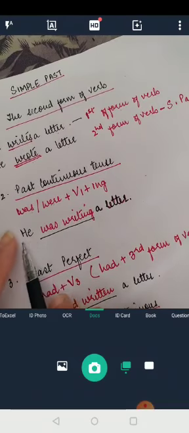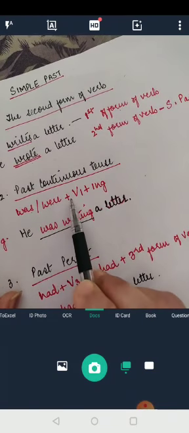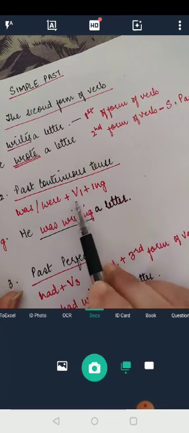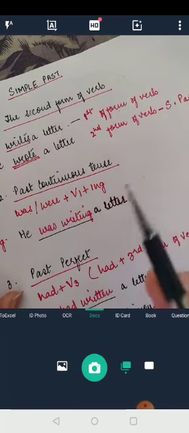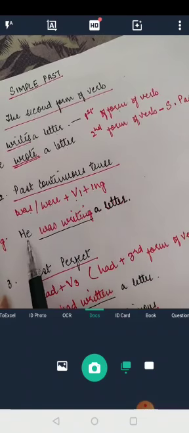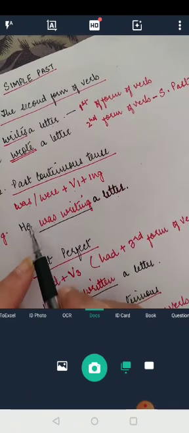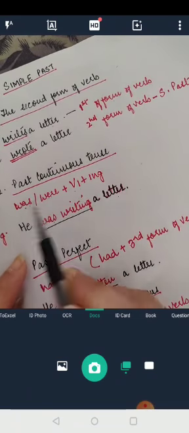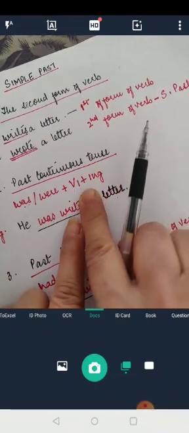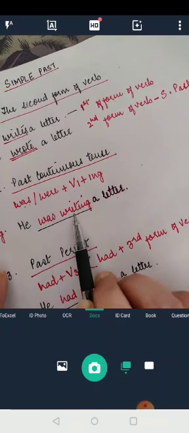Now here we write he was or were plus the first form of verb plus ing. Whatever the verb is, ing will be added to the first form of the verb. Let's take the example: he was writing a letter. He was, this is past, then write is the simple present verb, or you can say the verb in the first form.